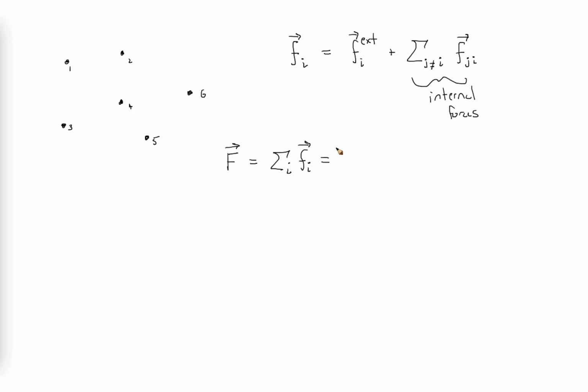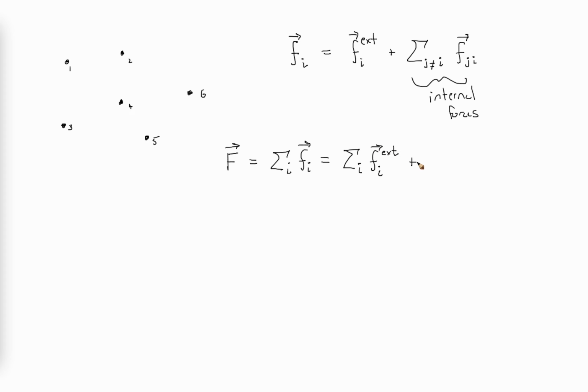Okay, and so what is that going to be? Well, it's going to be the sum of this thing. We're going to calculate this for each particle and then add them all together. So that would be a sum over i of the external forces acting on each of those particles. So that would be the external forces acting on each of the particles here.